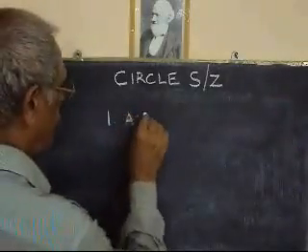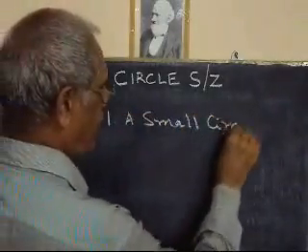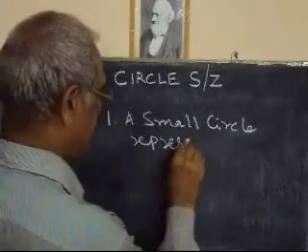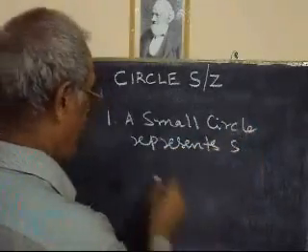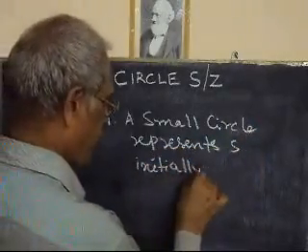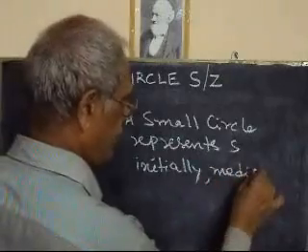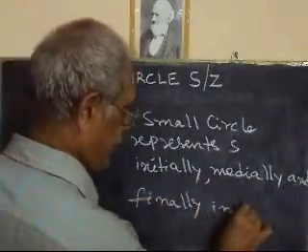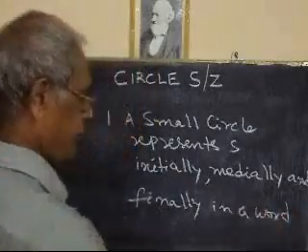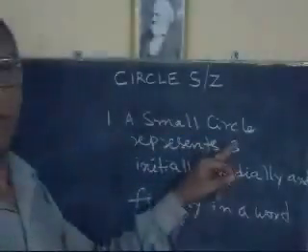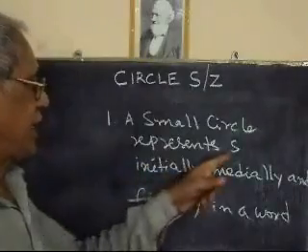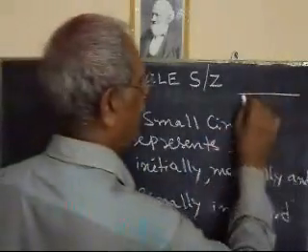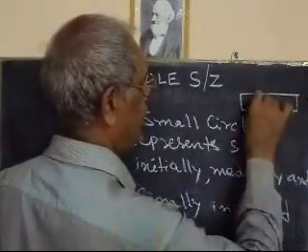A small circle represents S initially, medially and finally in a word.